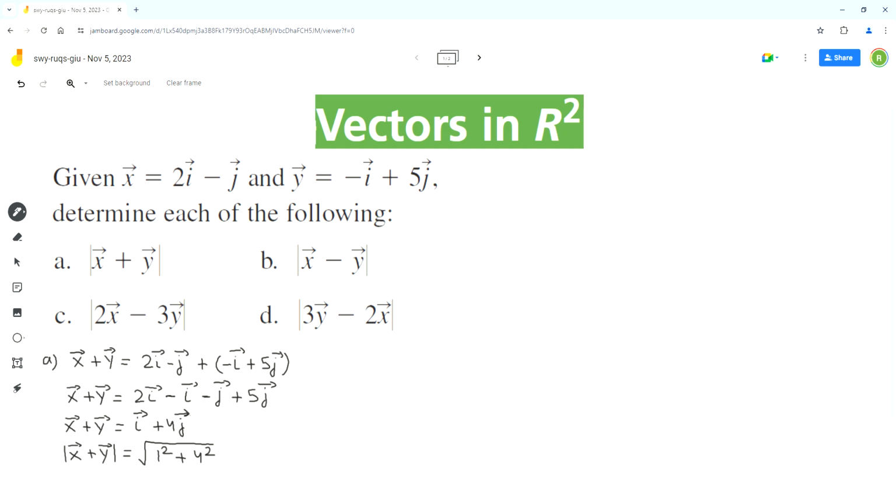Now we can simplify this expression. 1 squared is 1 and 4 squared is 16 and 1 plus 16 is square root of 17, which can be reduced to 4.12. So this is the final answer for the magnitude of x plus y rounded to 2 decimal places. Now we can analyze part B.